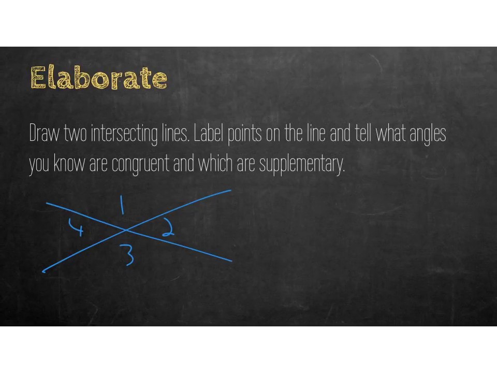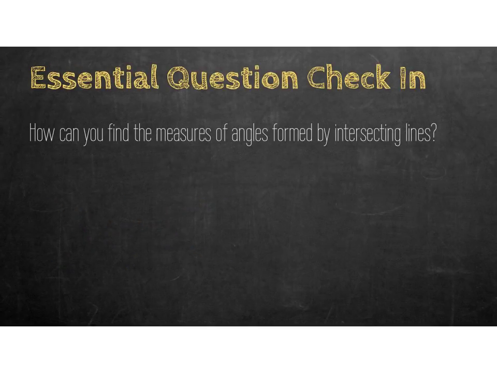Again, we'll discuss that one, so be ready to respond to that question in class. And then our essential question that we will discuss is, how can you find the measure of angles formed by intersecting lines? So be prepared to respond to this question. Have some written answer down. Make it easy to respond when we discuss this.